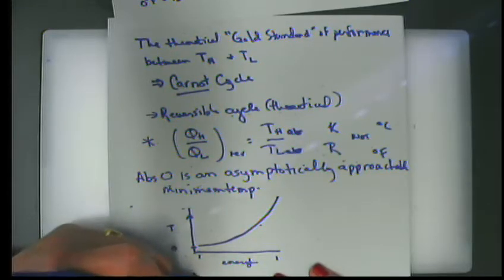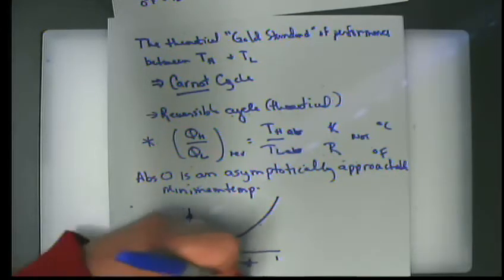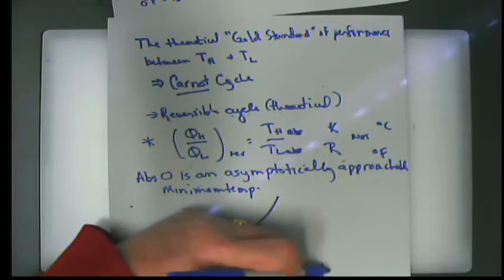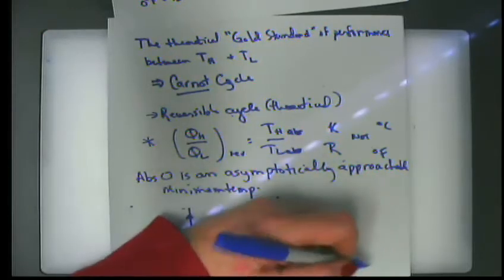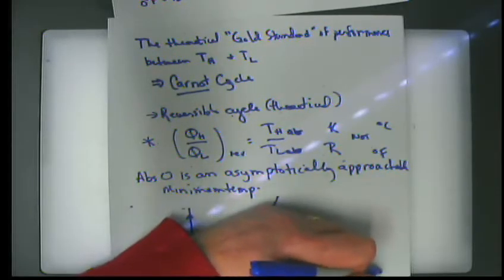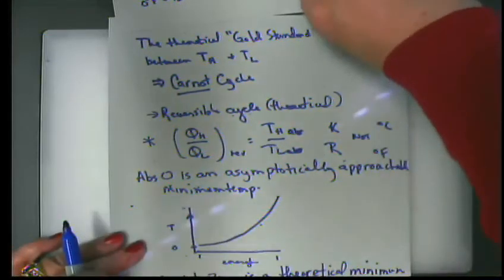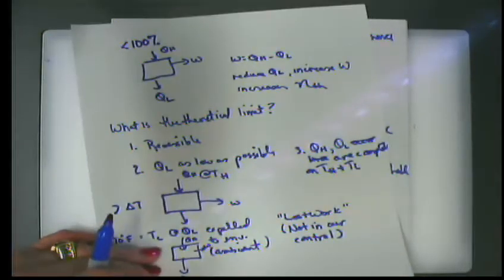And then what it's a minimum of is a little bit more sophisticated. But all you can say is that it appears that we are not able to go below absolute zero. And here's just a little thought experiment. In general, how do you decrease the temperature of something? Like if you have water and you want it to freeze into ice, you expose it to a lower temperature, right?